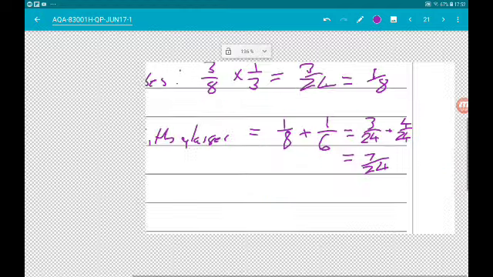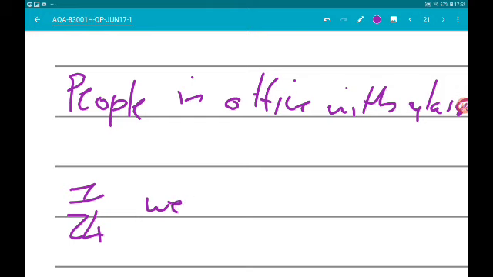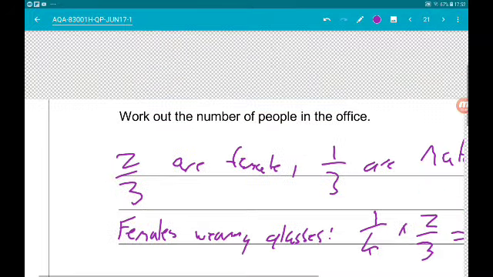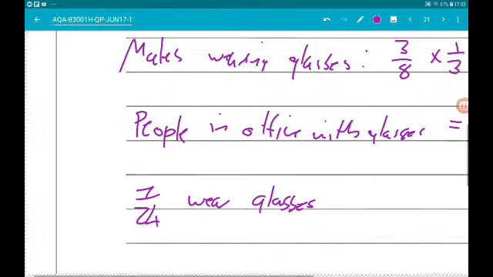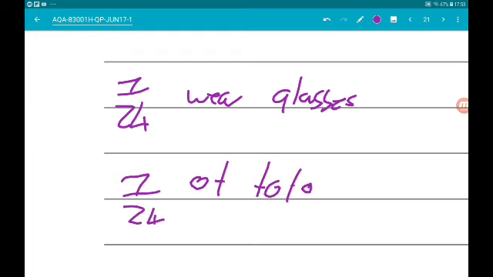So 7/24ths wear glasses. So we also know that 84 people wear glasses. So 7/24ths of the total is 84.